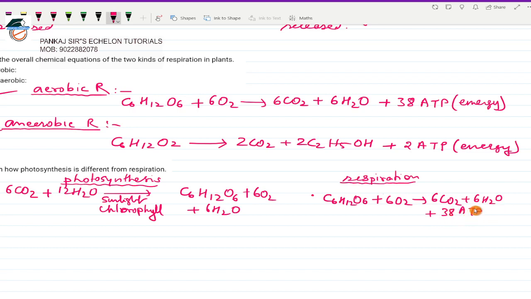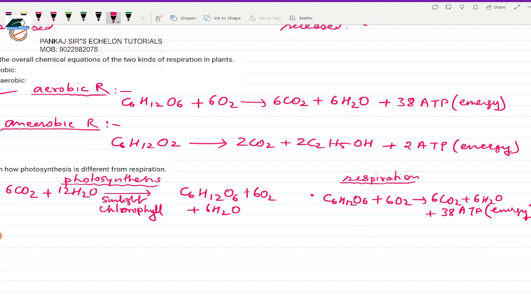Now these 38 ATP molecules represent energy stored, right? So the first point of difference is the chemical reaction of photosynthesis and respiration.